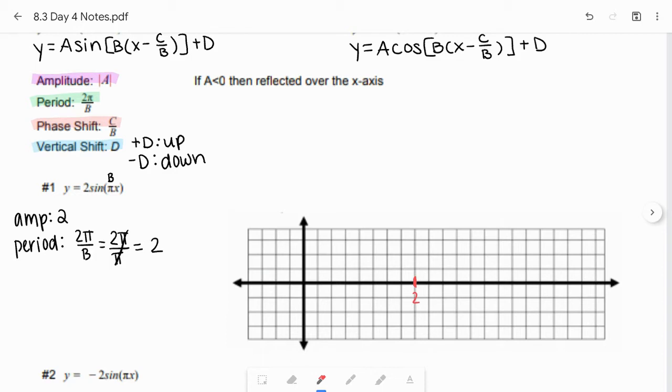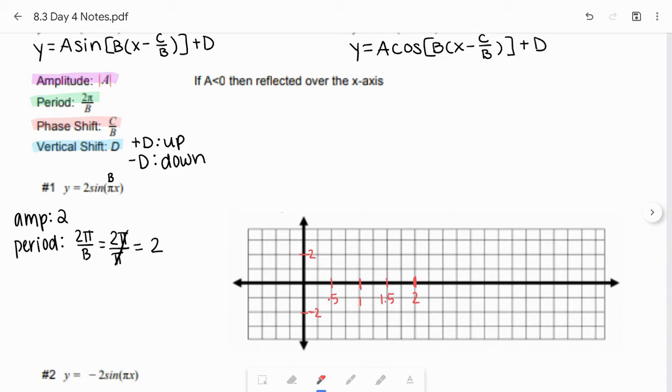Half of that would give me 1. In between, I'd be at 0.5 and at 1.5. Now my amplitude is 2, so I'm going to be going up to positive 2 and down to negative 2. I don't have any vertical shifts, so we're starting right at the origin.